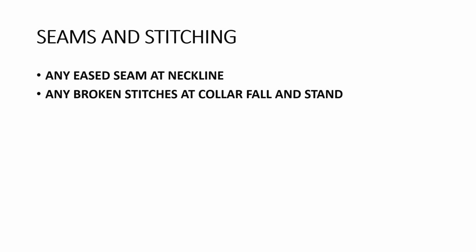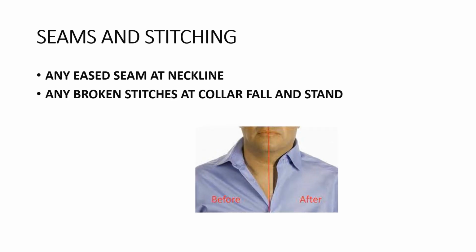Any eased seam at the neckline, any broken stitches at the collar, fall and the stand, those things are not at all permitted. First of all, eased seam at the neckline area and broken stitches at the collar, fall and stand are not permitted from the point of view of producing a good quality garment. So that is about seams and stitching.